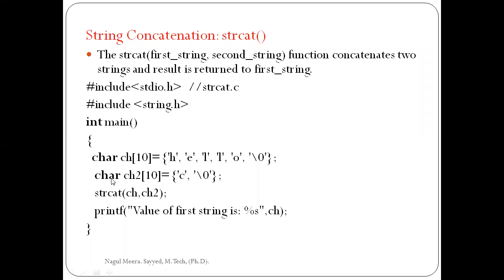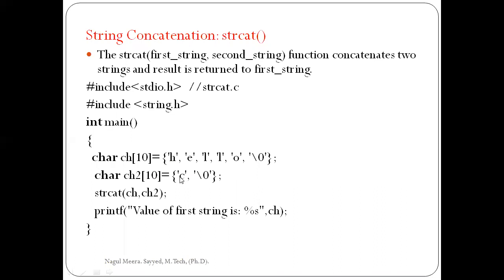There is another variable, char ch2, which can store 10 characters. I am initializing only one character, that is c. That means ch consists of hello, and ch2 consists of only the character c.